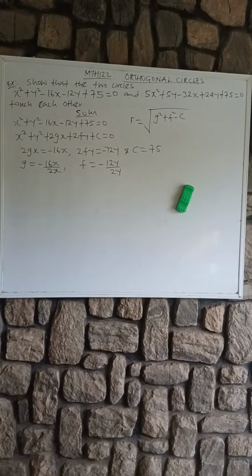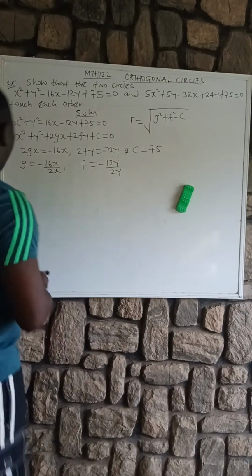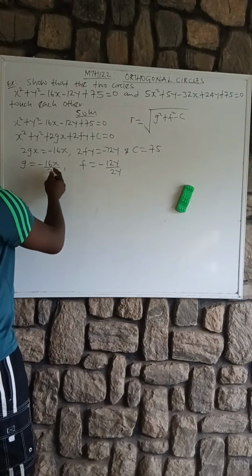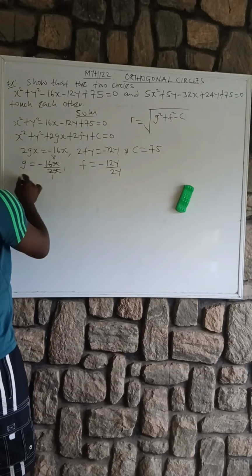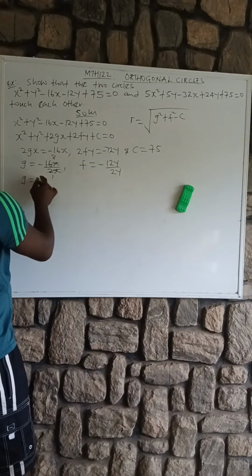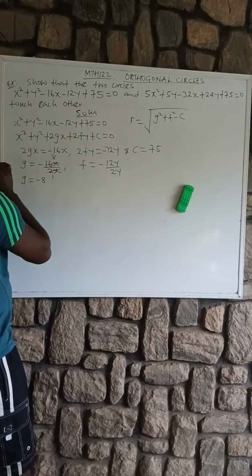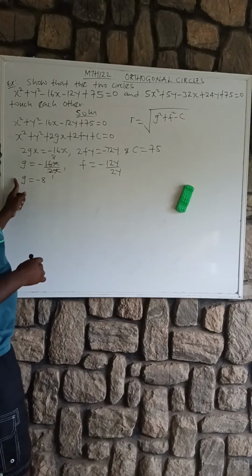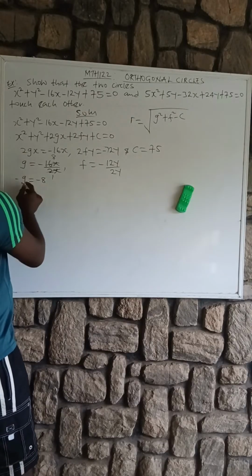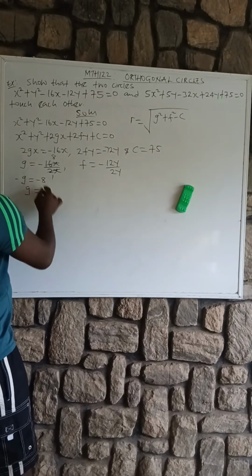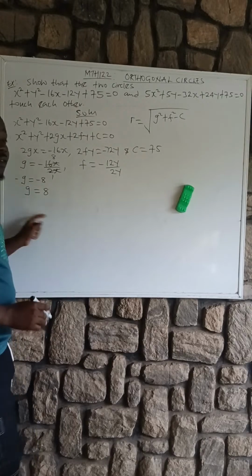Okay, so if you are following, 16 over 2 is 8, so our g is equals to minus 8. But mind you, the center is negative, so here our g is supposed to be plus 8, true or false?